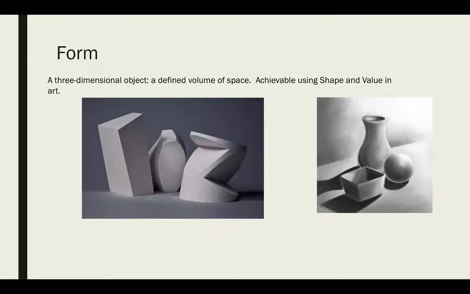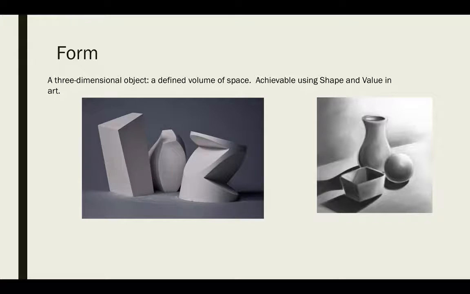Such as the example on the right. This is a 2D image. It could be easily printed out of a computer. It is not 3D. What appears to be sort of a ball, a vase, and a dish is actually just a 2D pencil drawing with value used very carefully in relation to the shapes to create the illusion of form.